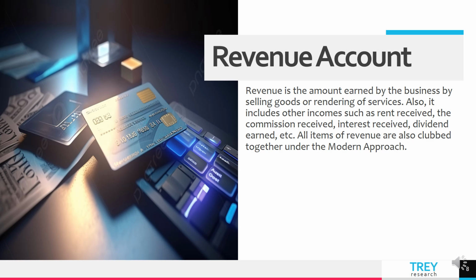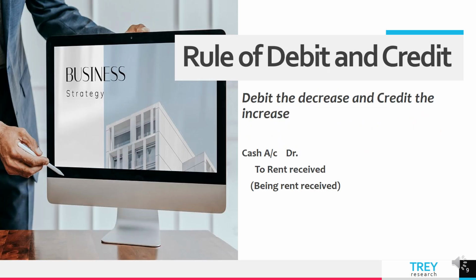Now, the accounts pertaining to these particular revenue incomes are called revenue accounts. So, they are income accounts and therefore they have credit balances. An increase in income is credited while a decrease is debited. In the next slide, we are going to discuss that. So, we are going to debit the decrease and credit the increase.